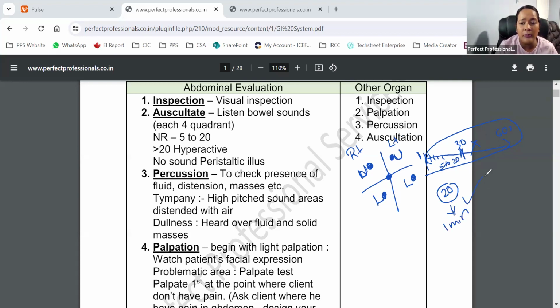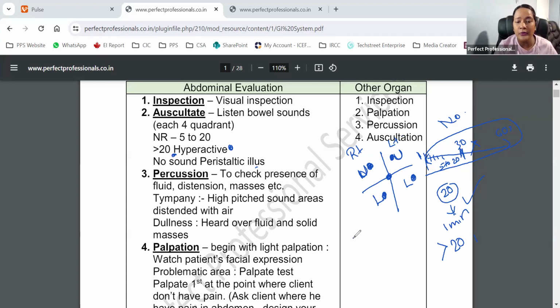That is normal. If it is more than 20, it is hyperactive, your patient's bowels are hyperactive. If there is no sound, it means there is a paralytic ileus, the bowels are not functioning.